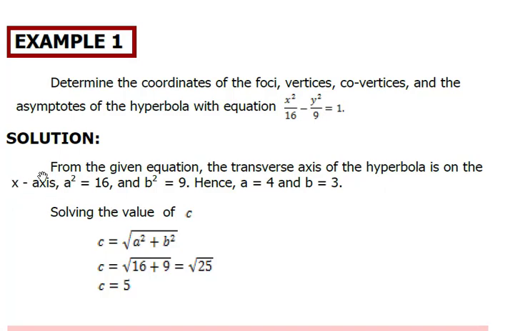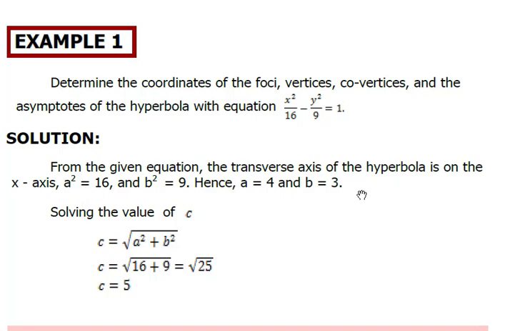Whatever is the denominator of the x squared, that is a squared. So we set a squared equals 16, and b squared equals 9. Taking the square root, a is 4 and b is 3.